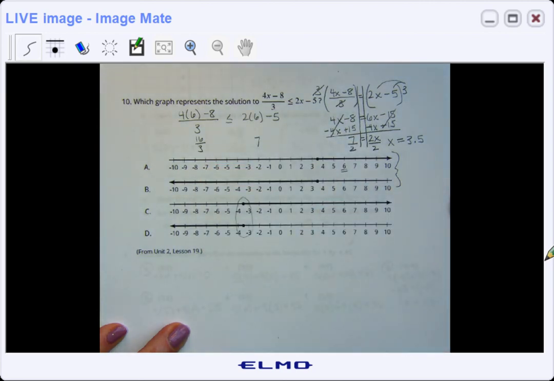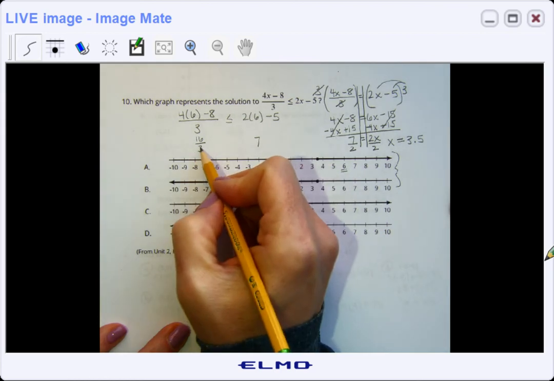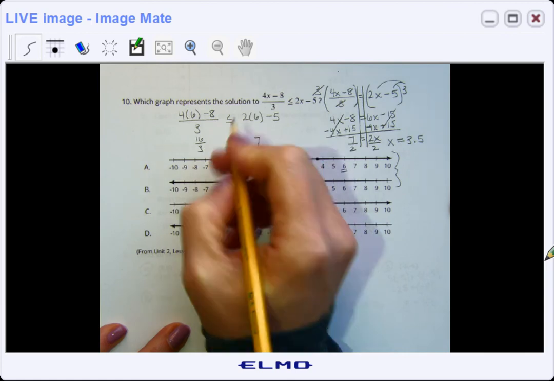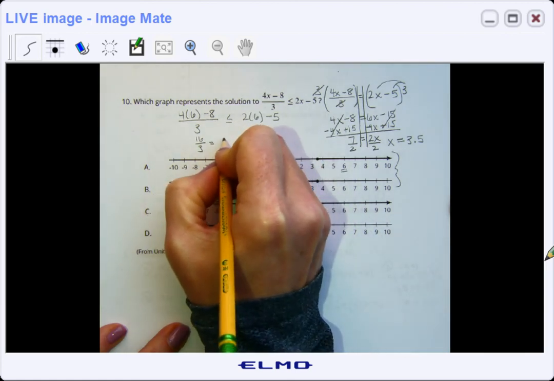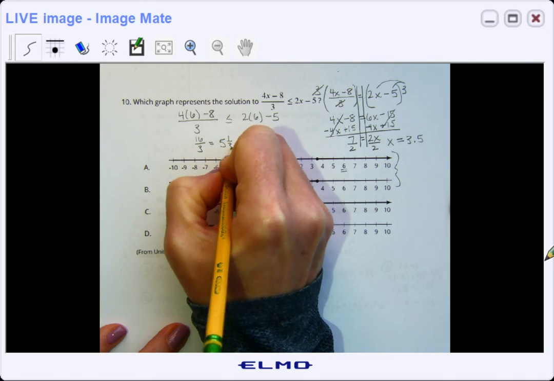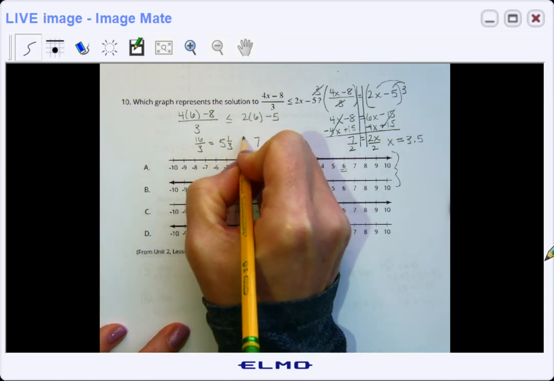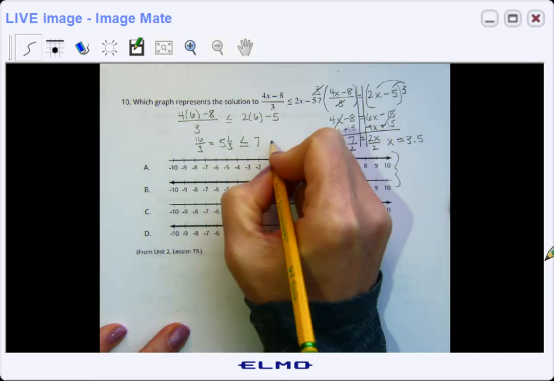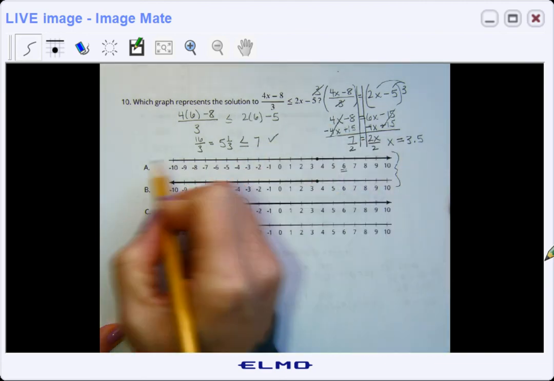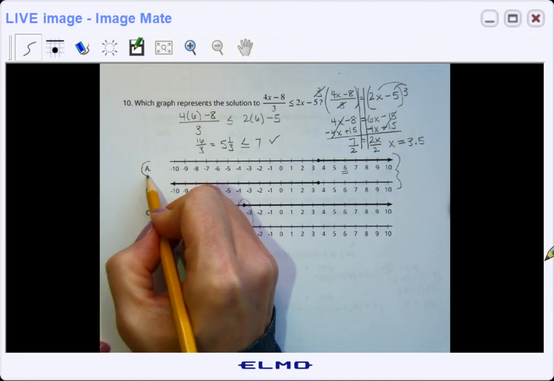Now 16 divided by 3, 3 goes into 16 5 times with 1 left over. So since 16 thirds is equal to 5 1/3, and 5 1/3 is less than 7, it makes it true. And so the top graph is the correct solution.